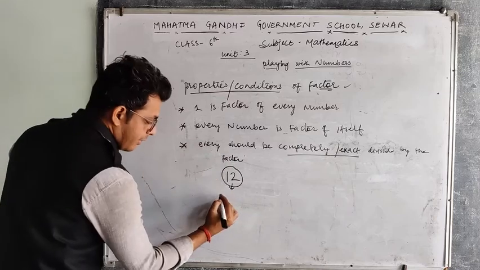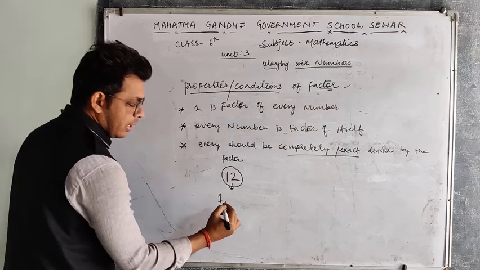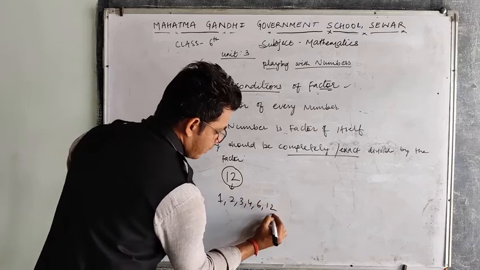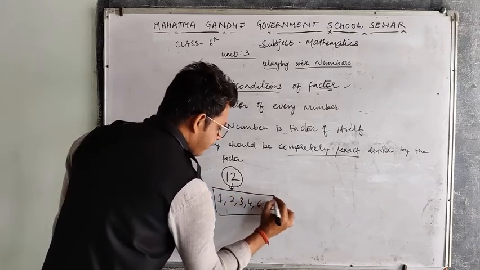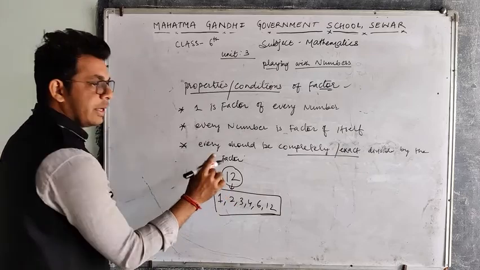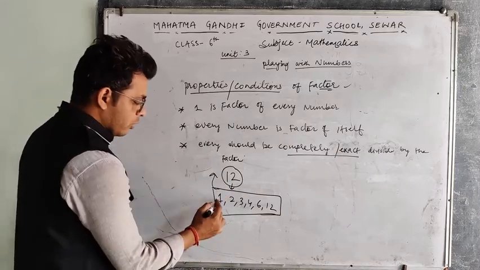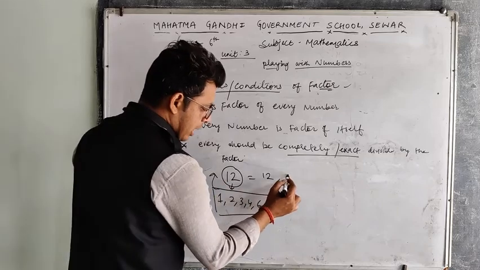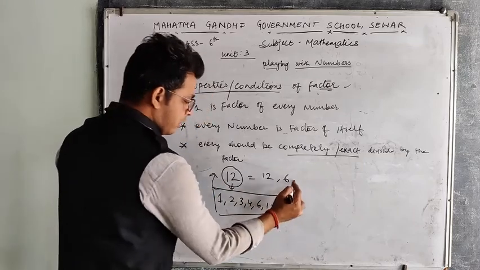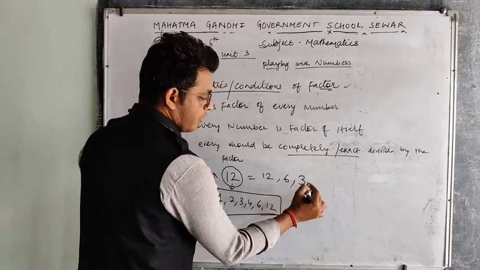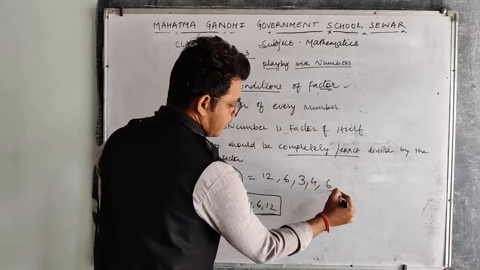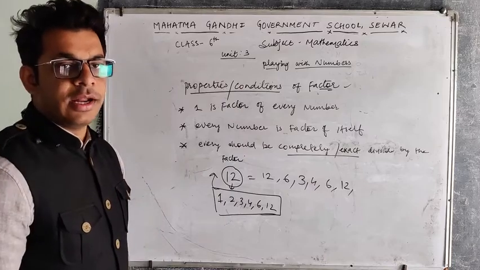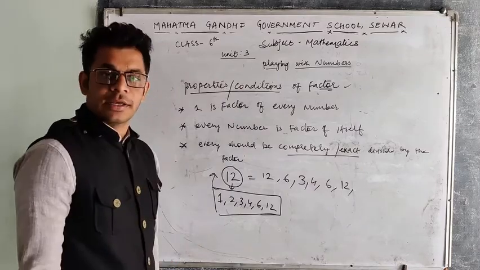If I write factors of 12 as we wrote earlier, 1, 2, 3, 4, 6 and 12, any of these numbers will divide 12 completely. 1 twelve is 12, 2 sixes are 12, 3 fours are 12, 4 threes are 12, 6 twos are 12, 12 ones are 12. So a factor of every number divides it completely.